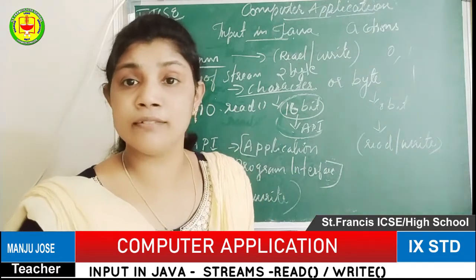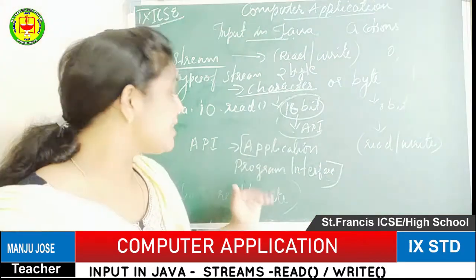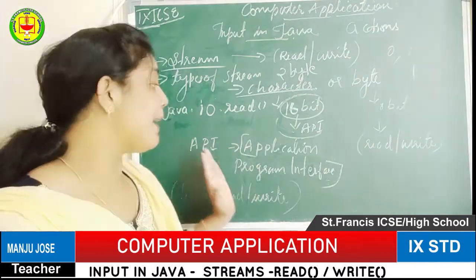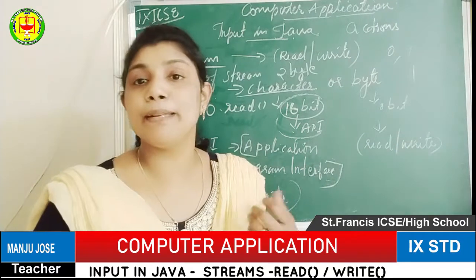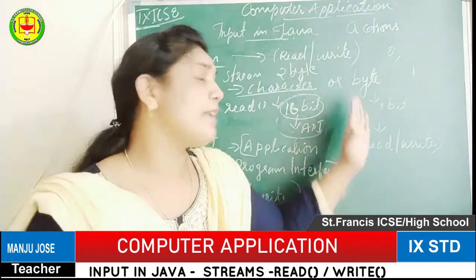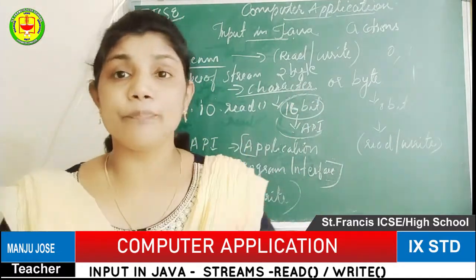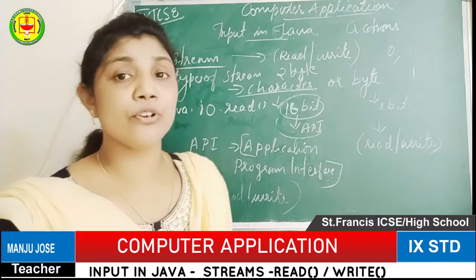That's the difference, nothing else. The same thing is handled through the API, the partial implementation of Java classes, functions or methods, and we use these major streams everywhere in Java programming.